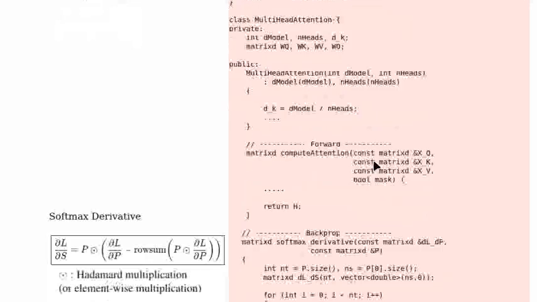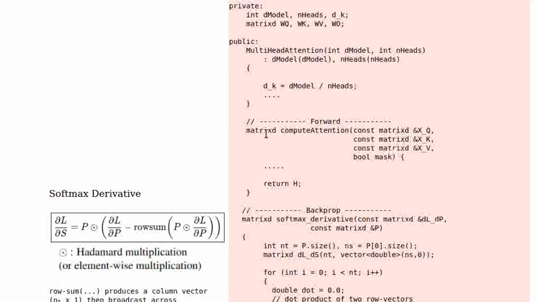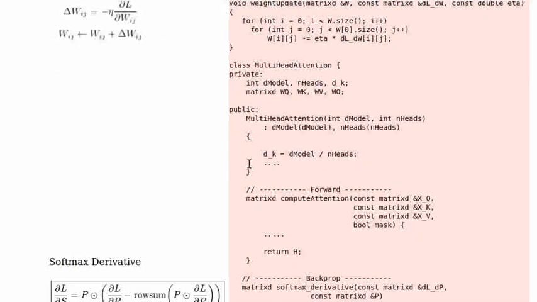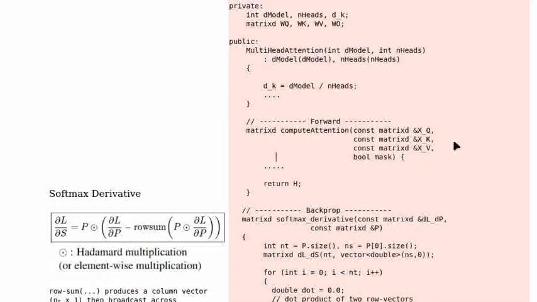And so this is the interface for the forward compute attention that returns the attention of the block, okay, with or without mask, okay, with inputs xq, xk, xv, which could be say x1 or e.